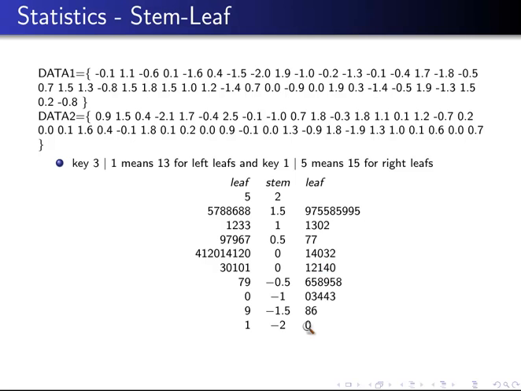It goes all the way down to minus 2. But this goes slightly more. So yes, the range is slightly larger on the left, but it is random, so it's not hugely different.